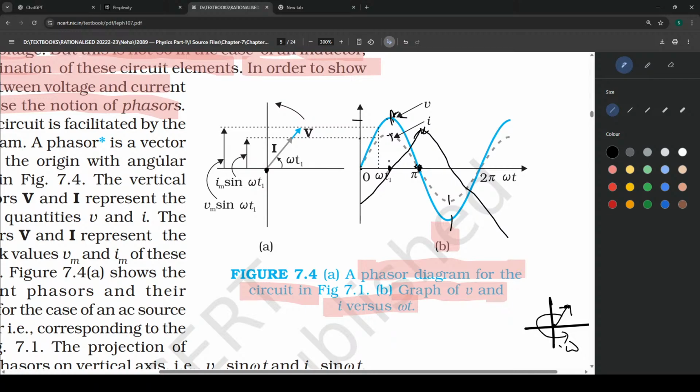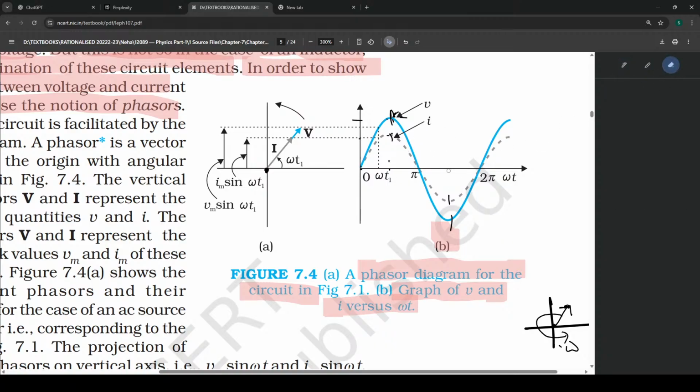This kind of variation, which was not seen in the previous circuit, means they are not in phase. Like this is one case where current and voltage are not in phase. That is what I wanted to say. Now let's continue reading.